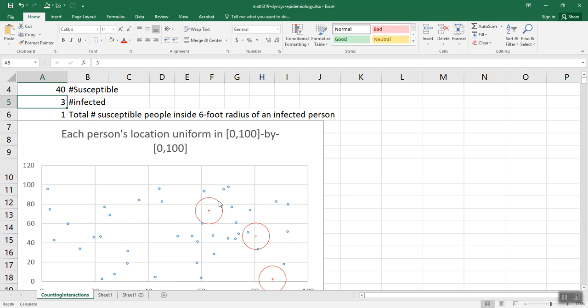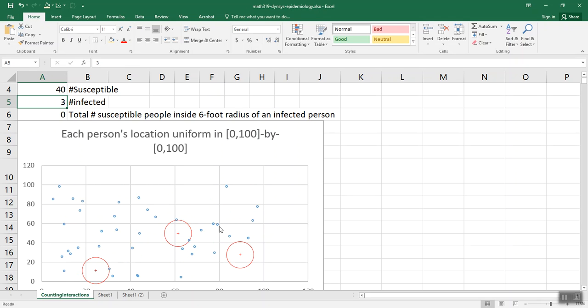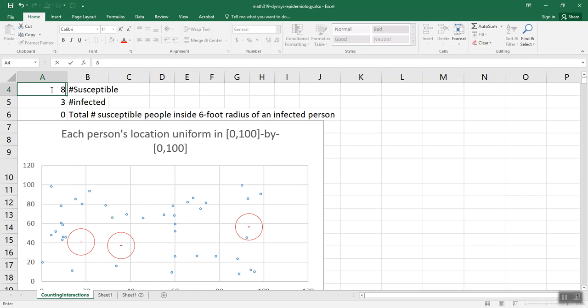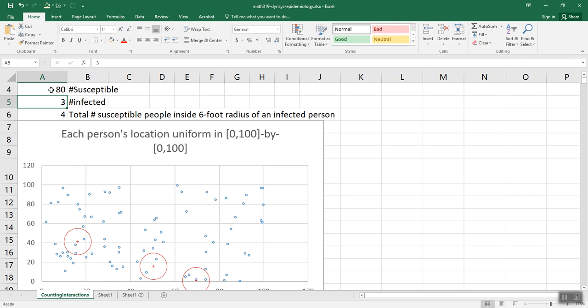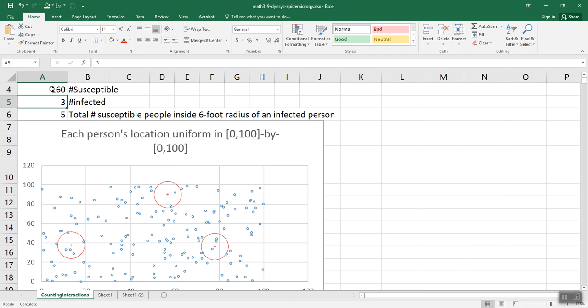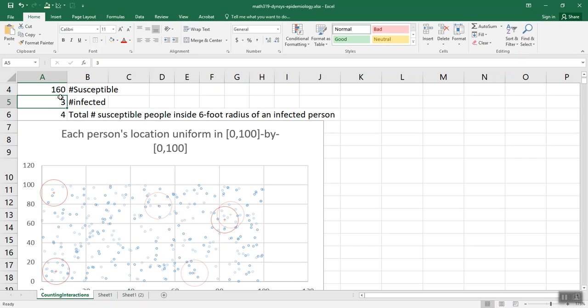Do you figure that on average I'll have twice as many susceptible people inside the red zones? And if I double the 40 to 80, do I get twice as many people? If I double the 80 to 160, does it make sense that I get twice as many people on average?